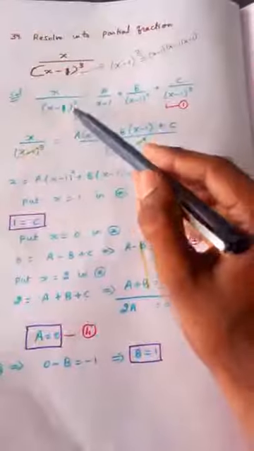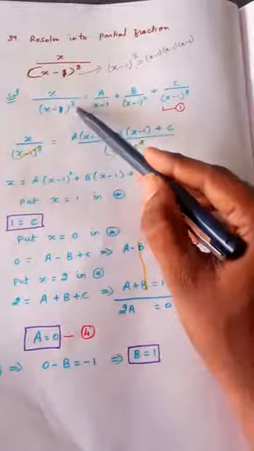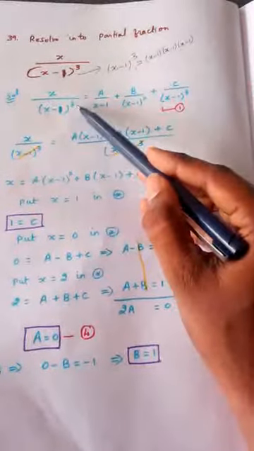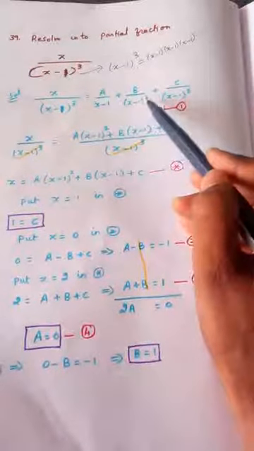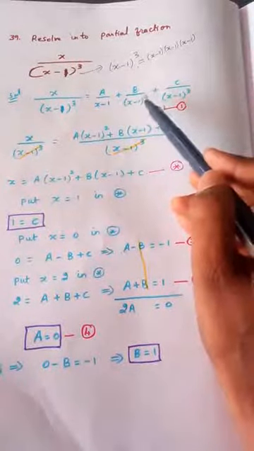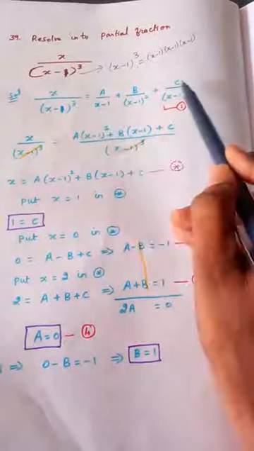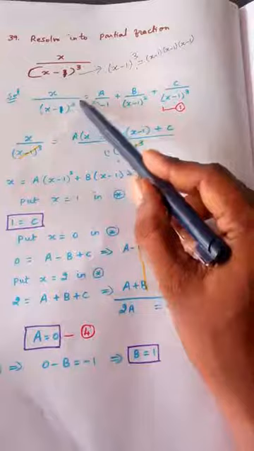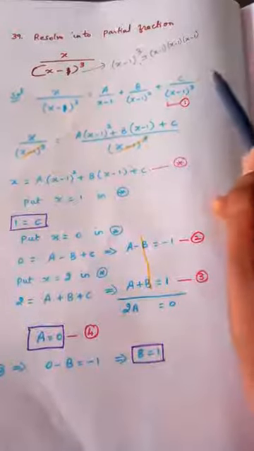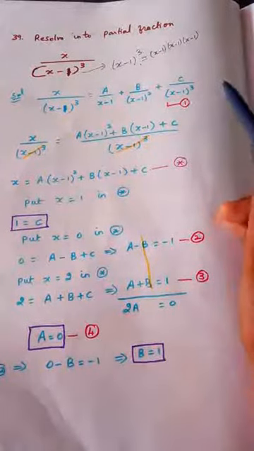Again I repeat, x minus 1 whole square, if square is there, we write a by x minus 1 plus b by x minus 1 whole square. We can stop here itself. Since cube is present, one more constant will be there, c by x minus 1 whole cube. Suppose if 4 is present, then I should write plus d by x minus 1 whole power 4.